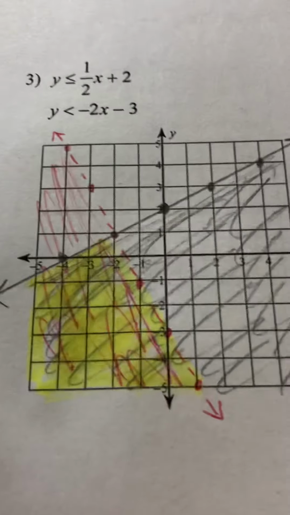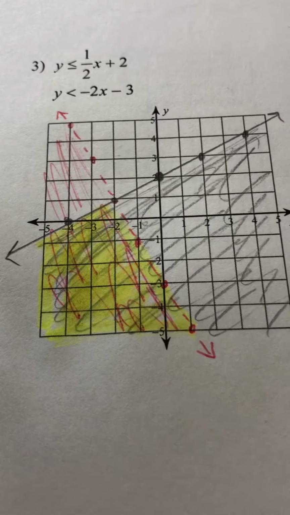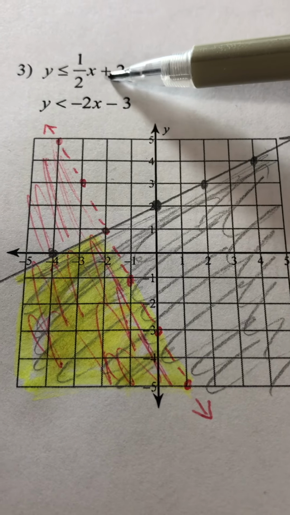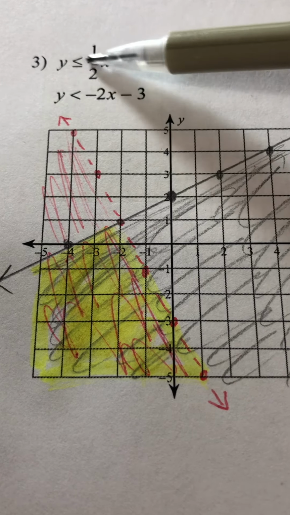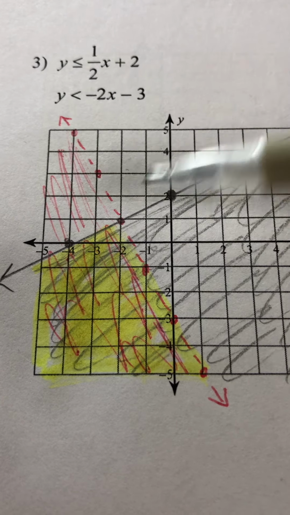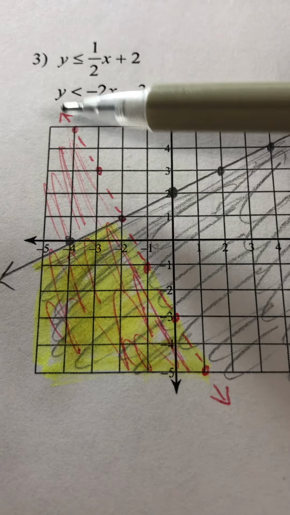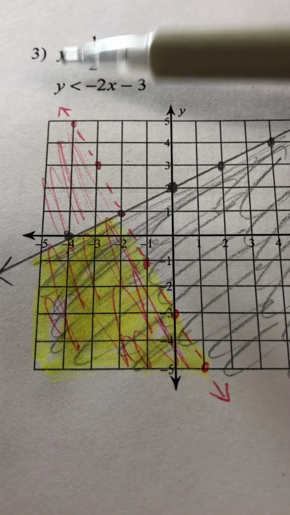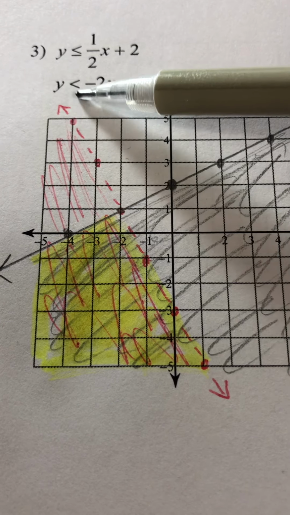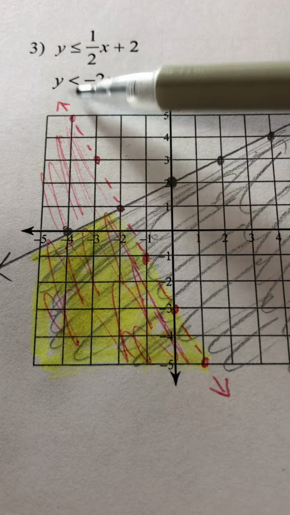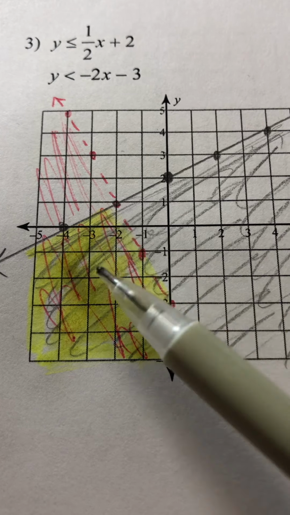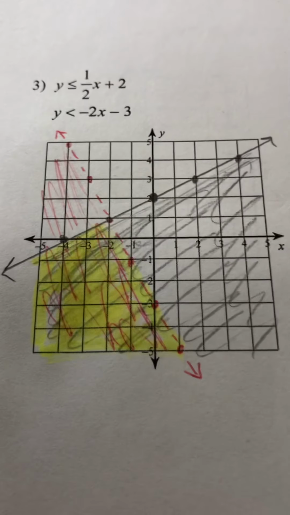Okay, I'm not going to explain each one as thoroughly because I think you understand slope-intercept form and I don't want to bore you to death with this, but in pencil you could see I've done this first inequality, and then in red, I've done the second inequality, and it's a dotted line because it doesn't have the little line underneath the less than symbol. Where these two intersect is in yellow.